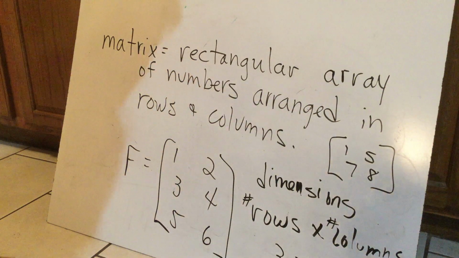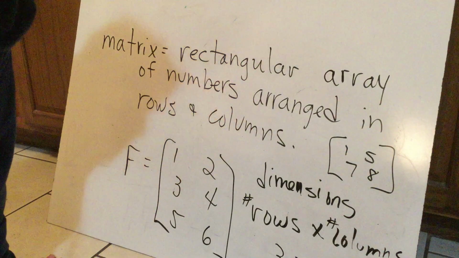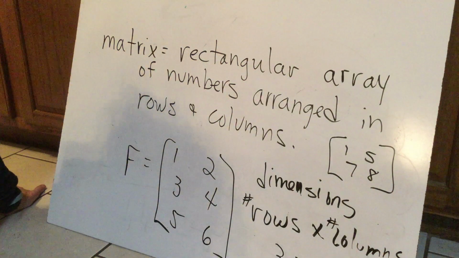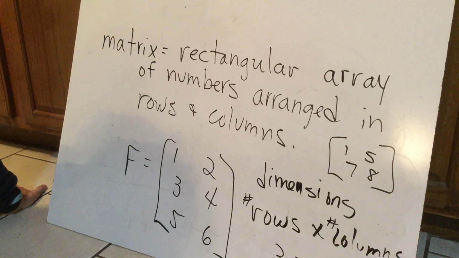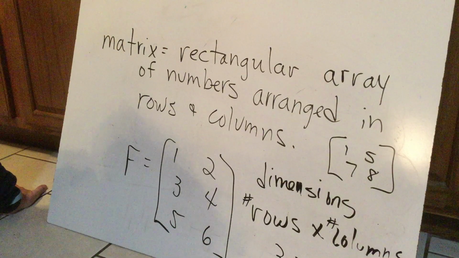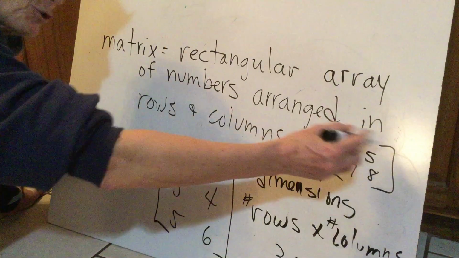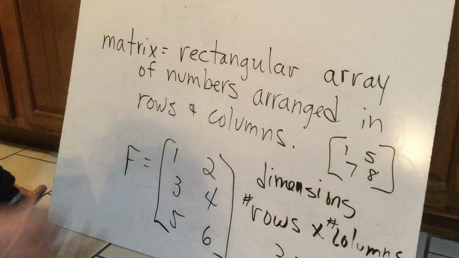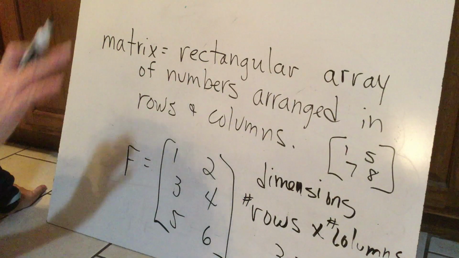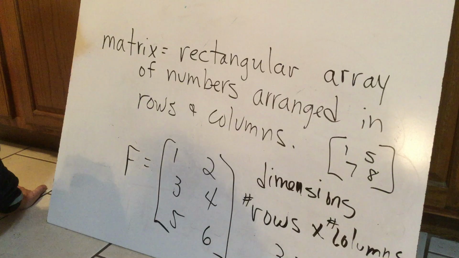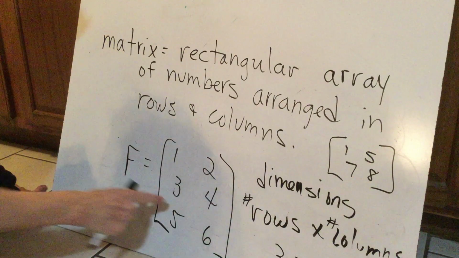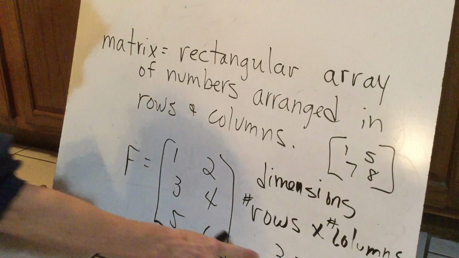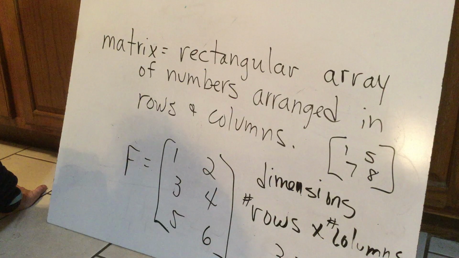Now, square matrices are special. In matrix land, we like square matrices. But again, the definition is very simple. You have 2 rows and 2 columns, or you have 3 rows and 3 columns. You have the same number of rows as columns. Now, by the way, the other one is not square because it does not have the same number of rows as columns.